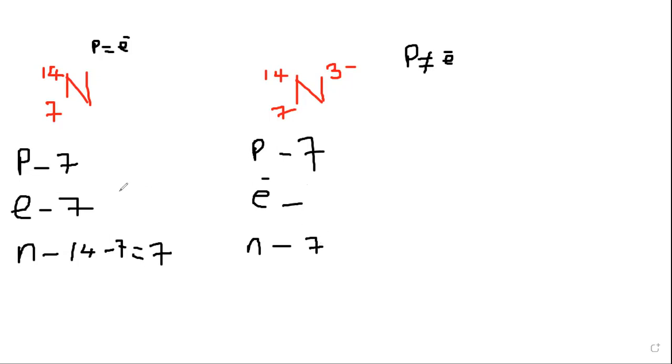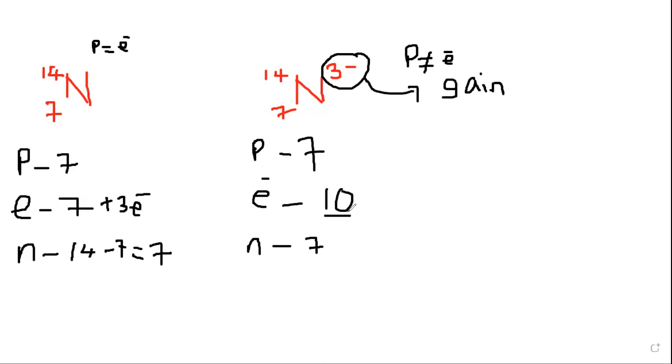But for the electron number, since it's a negative, the negative means there is a gain. So from the initial 7 electrons that it had, there is a gain of 3 electrons. Therefore, the new electron number becomes 10.